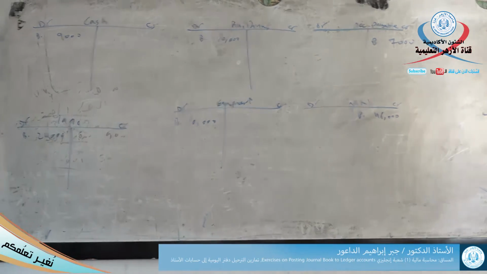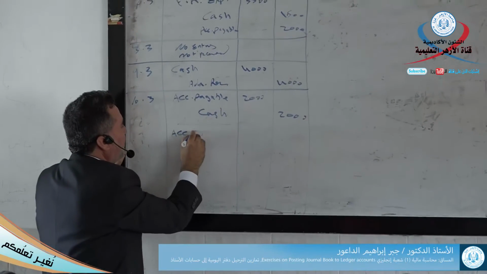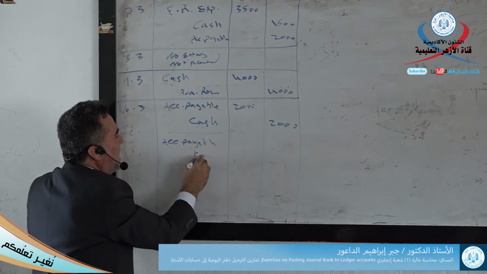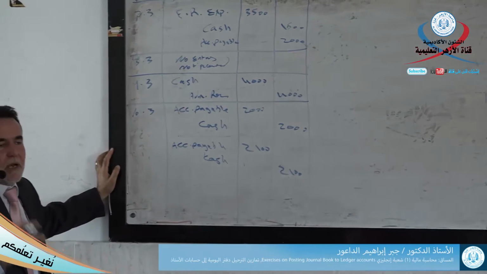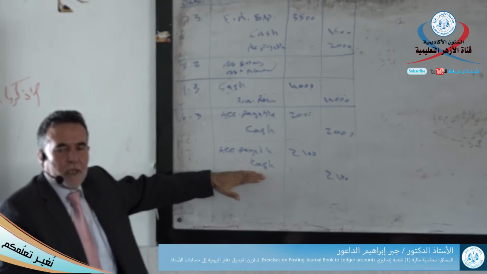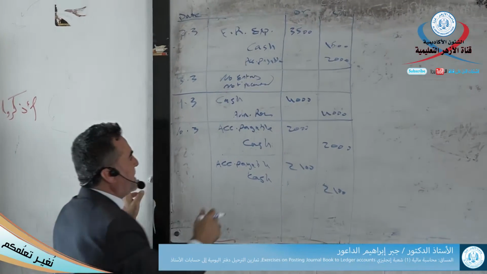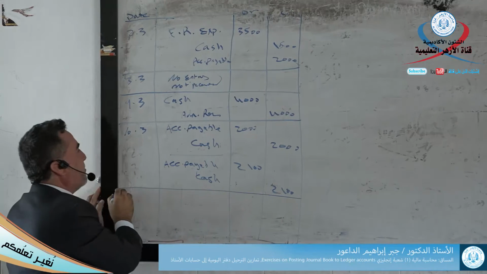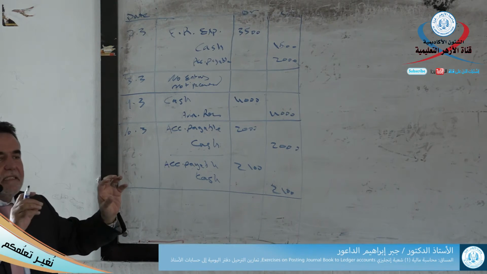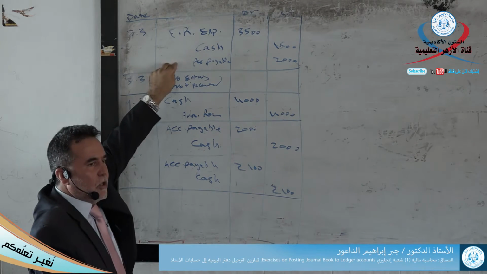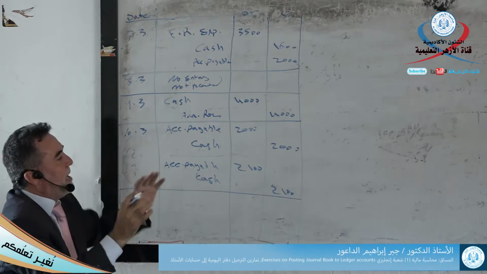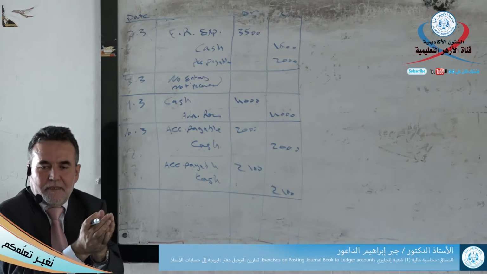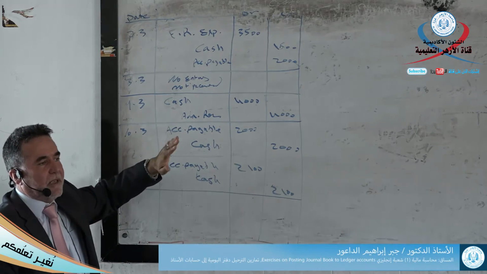So accounts payable to cash 2100. ممكن أعملهم في قيد واحد، بس هيك بكون أفضل لأنه two parts in this transaction في نفس التاريخ. يعني هو في 10/3 دفع الفلوس اللي عليه هنا، ودفع من اللي عليه الفلوس الأولانية 2100. معناته هو دفع كام؟ دفع 4100. بس نعملهم كل قيد لحاله بكون أفضل.